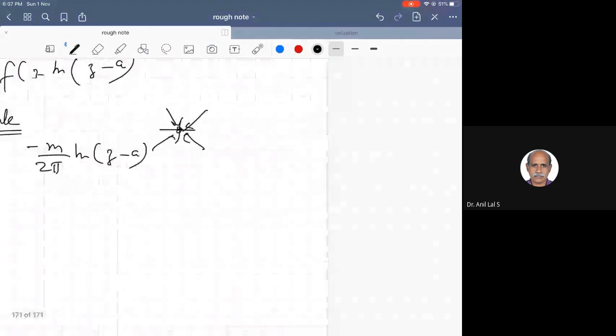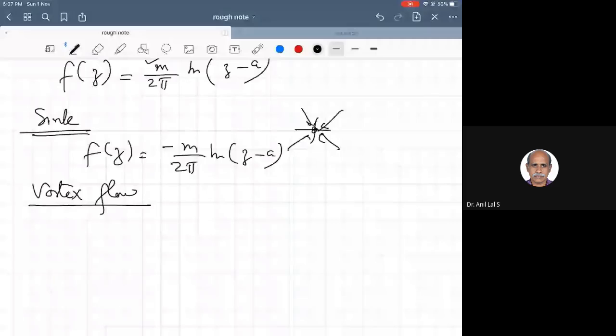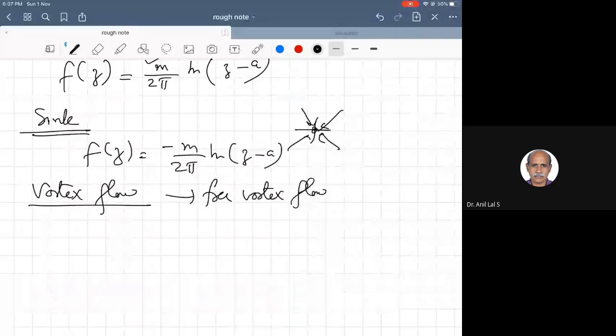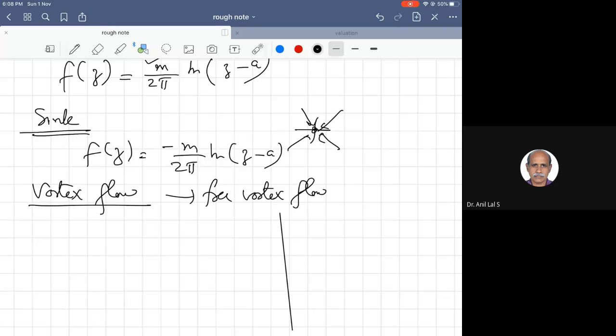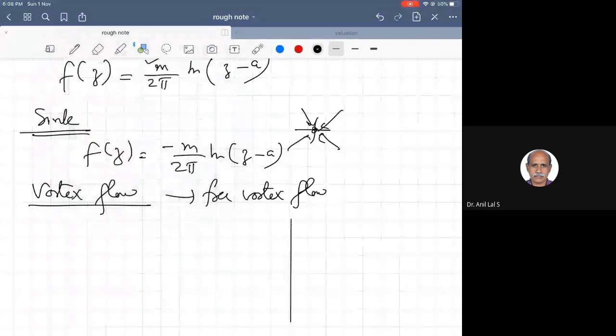Now we will consider the vortex flow. The vortex flow is also called the free vortex flow. The motion is circular motion, tangential motion. The fluid particles will be circulating or rotating. So the fluid particle is rotating in a vortex flow.